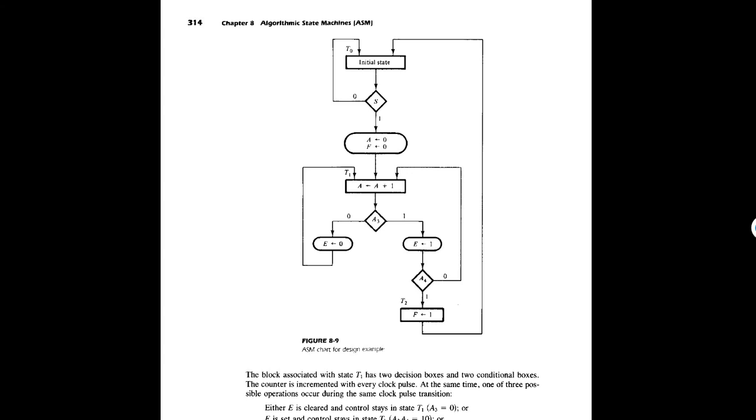So we would assume A is first incremented. That's the main difference. But in an ASM chart, A is not incremented first. A is incremented after E is set or E is reset. E is going to be set with some value and then there is incrementing, as you can see. So that is the main difference.